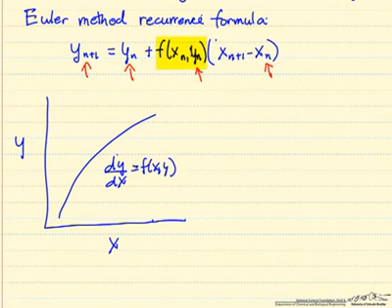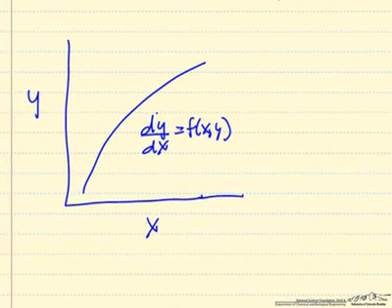And remember, this function is the derivative of y with respect to x, evaluated at xn and yn. So graphically, the idea is if we know the value of a function at some point here, then we can calculate the value at a point close to it by using the derivative here. So it's an approximation.